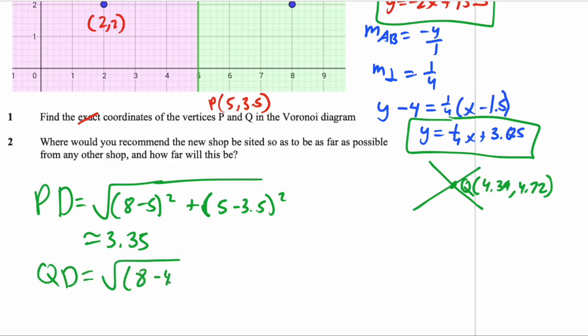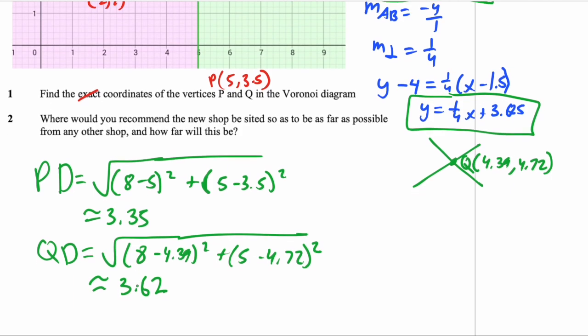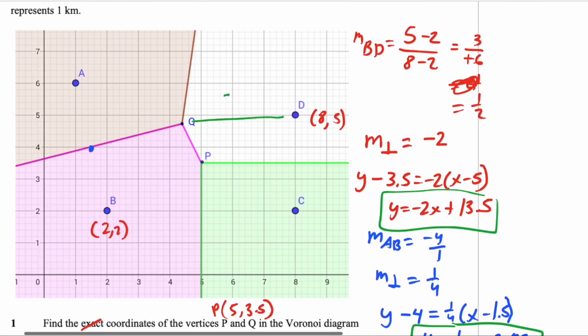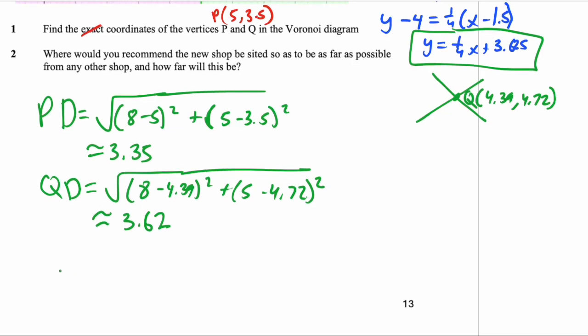We use the distance formula on that, and we get about 3.62. We want it to be as far away as possible. This distance is 3.62, this distance is 3.35. So it's better to have it placed at point Q. So point Q is better.